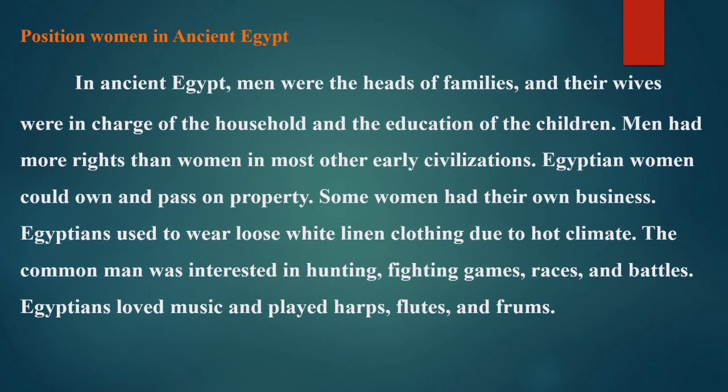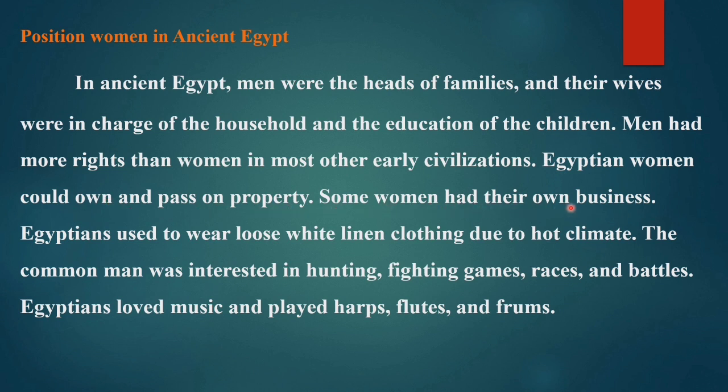Position of women in ancient Egypt. In ancient Egypt, men were the head of families. Their wives were in charge of the household and the education of the children. Men had more rights than women. Unlike in most other early civilizations, Egyptian women could own and pass on property.